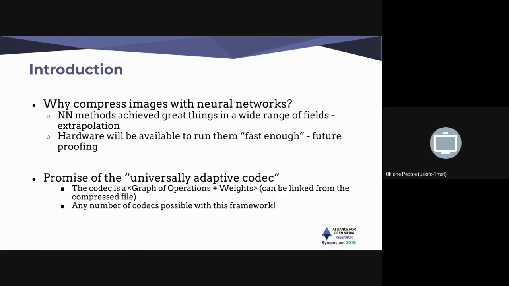So the first question before we talk about using neural networks for compression is, why would we ever want to use neural networks for compression? I have been working on this since around 2014. And before starting working on compression with neural networks, I had seen neural networks do very well in other domains.